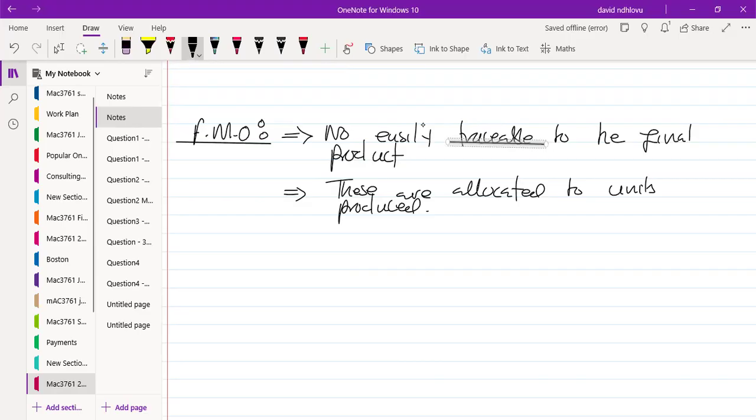It is not easy to trace to the final product to know exactly how much should be charged to each product. You need to use some logic and estimating techniques to allocate the cost to each individual product. Because of that, as you produce product, it's difficult to know how much fixed manufacturing overhead to charge to a product.